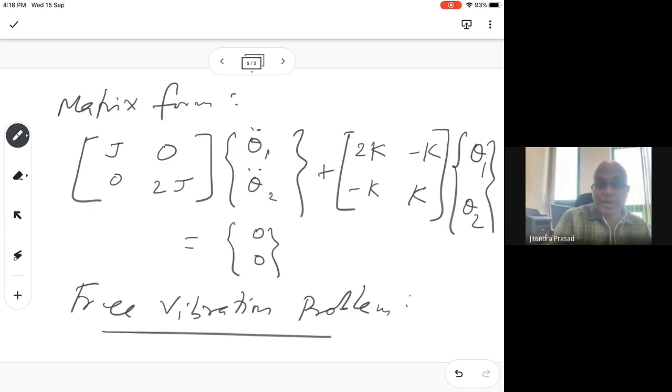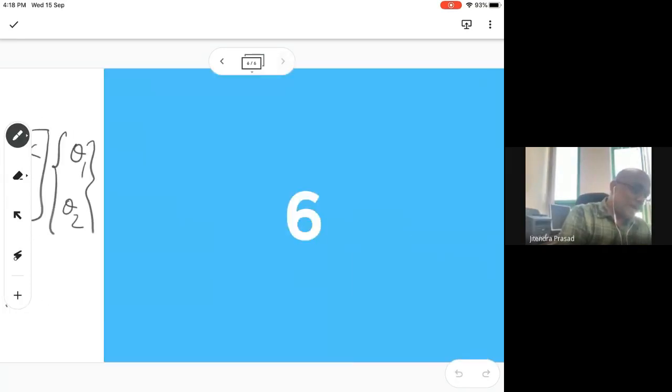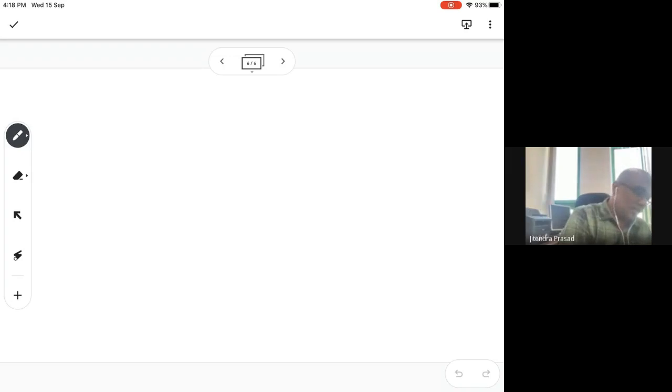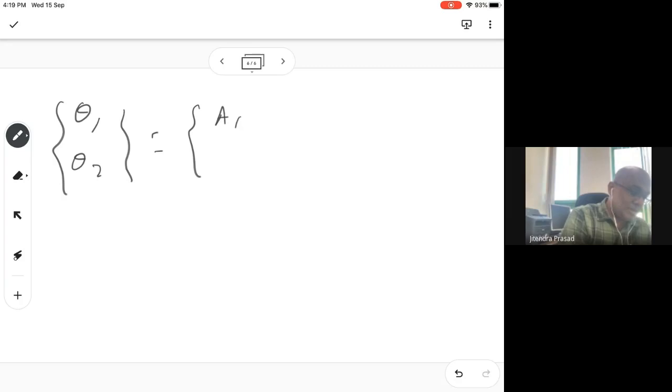Since these are just a spring and mass, we assume that θ1, θ2 will be something like [a1; a2] sin(ωt), or you can also write e^(iωt).